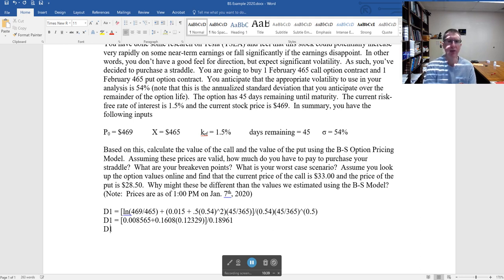Keep going through the math. D1 equals 0.1608 times 0.12329 plus 0.008565 gives me 0.02839, divided by 0.18961.